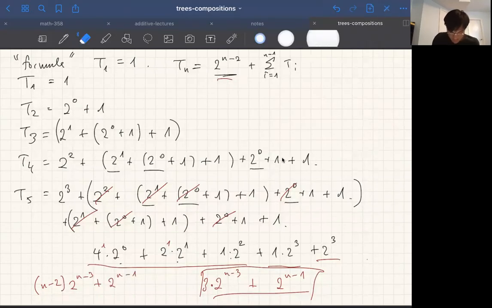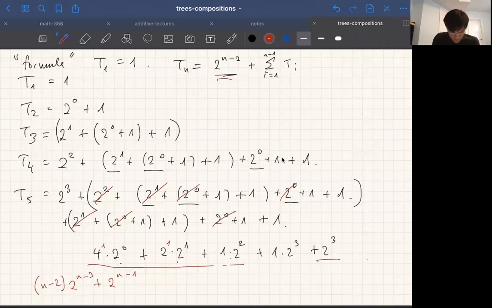Does that simplify into something nicer? I think we got the formula correct now. So it's n minus 2 times 2 to the n minus 3 plus 2 to the n minus 1. Why am I in red? So that's n minus 2.